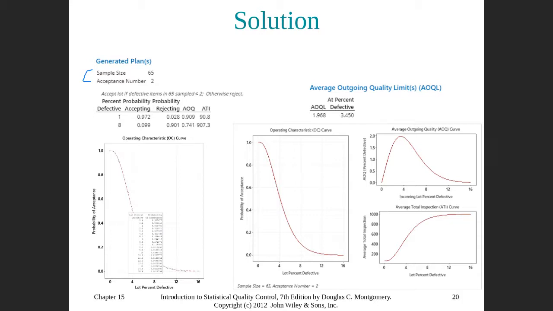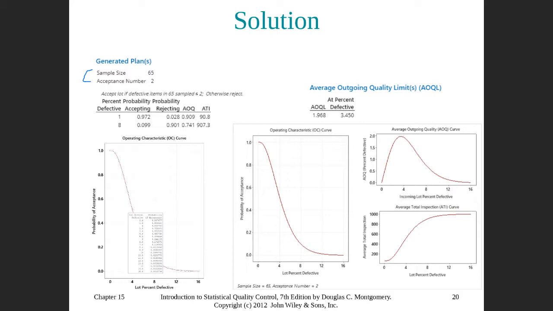The interpretation of this: for the 1,000 capacitors that you are going to receive for inspection, which is the lot size, you need to randomly select and inspect 65 items or capacitors.